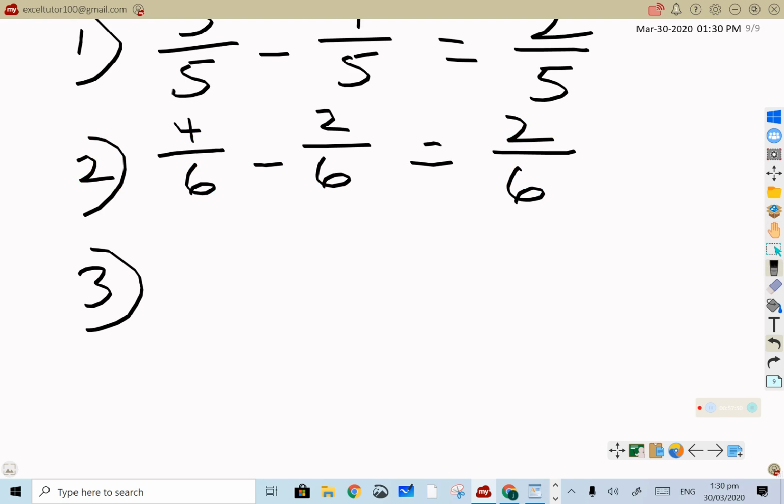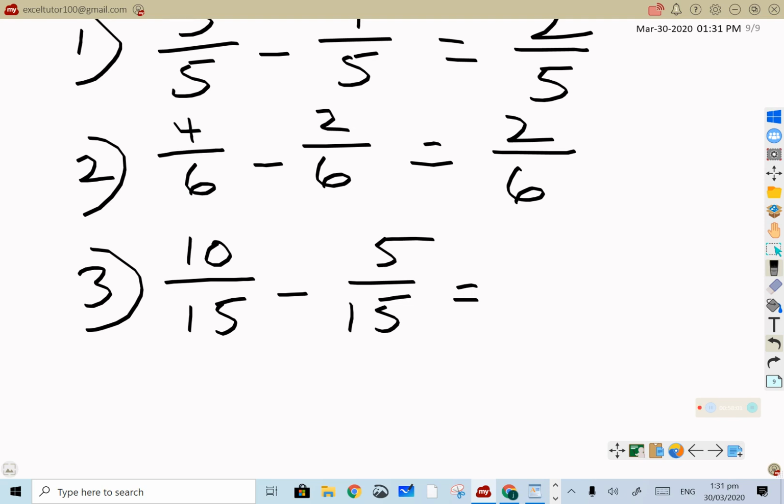Look at a slightly bigger number, 10 over 15 minus 5 over 15. Our answer will be 5 over 15.